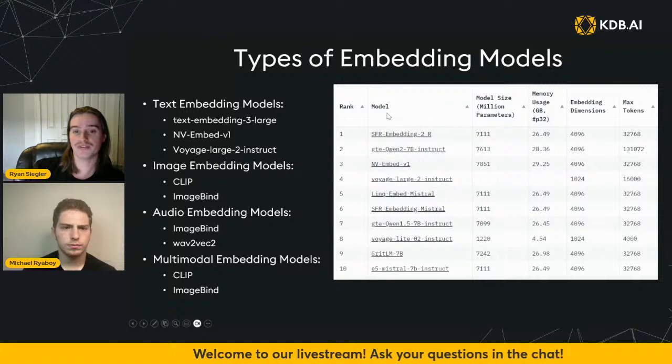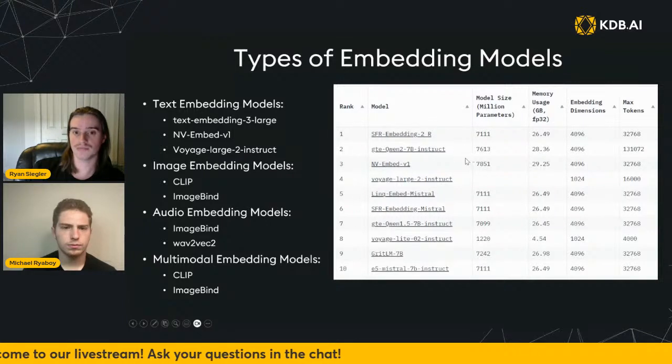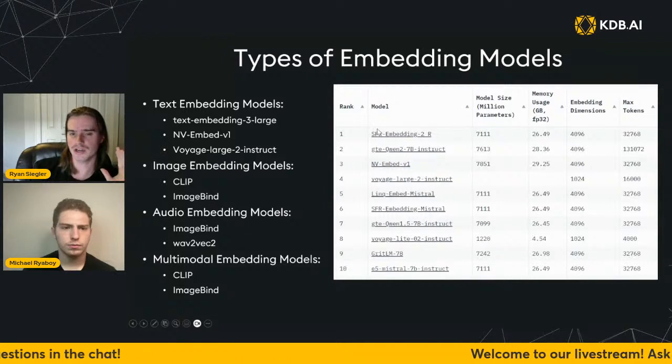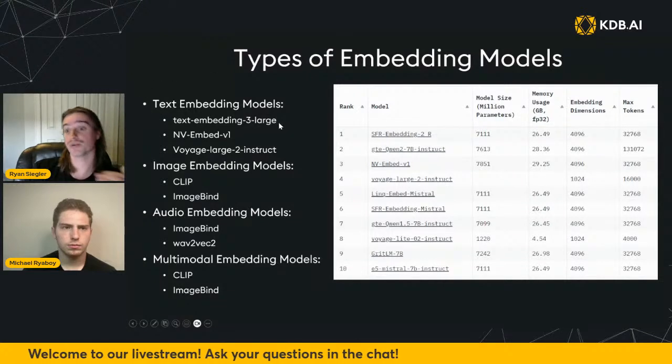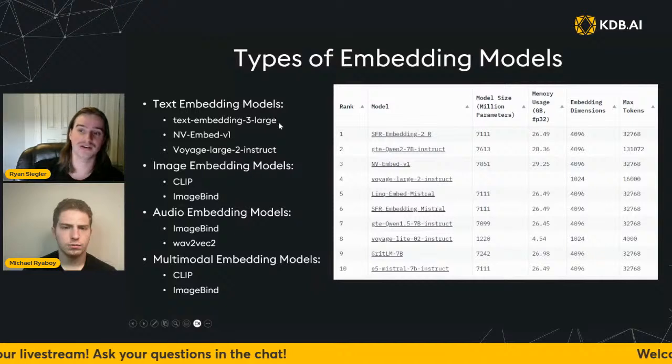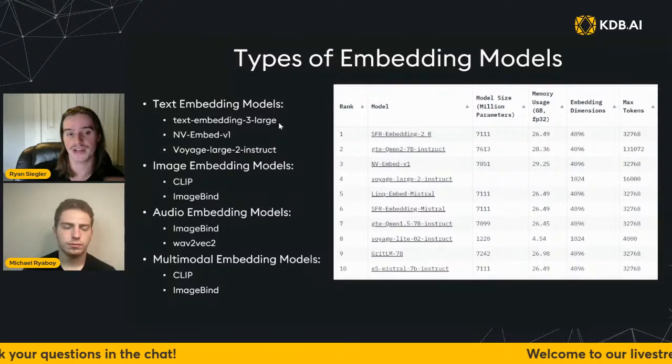They actually have several benchmarks that rank over 2,000 embedding models. So you can come here, and this is for text embedding models, and we'll talk a little bit more about this ranking here, but this goes into depth about all the available text embedding models and which ones rank best for different tasks, and what their accuracy is for different tasks and things like that.